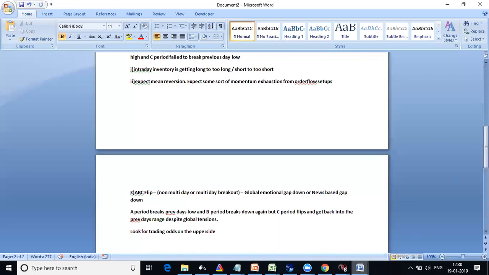Trading on the upper side, if more trading odds are there, expect a steep rally. These kinds of trade setups happen especially when global tensions are there, and provided there are a lot of reference levels to get cleared on the upper side, that ABC flip is the first clue to do a mean reversion trading activity. Right? Getting my point?